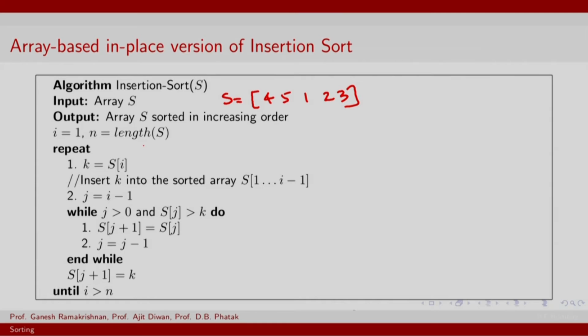So what you do is as follows: you maintain the key that needs to be inserted, and of course you get these keys in increasing order of the indices. So you start with key equals 4, I is 1. The goal is to insert 4 into a P. Now what is this P? For us the P will correspond to a prefix of S.